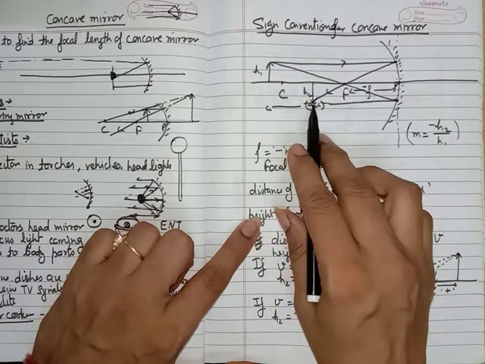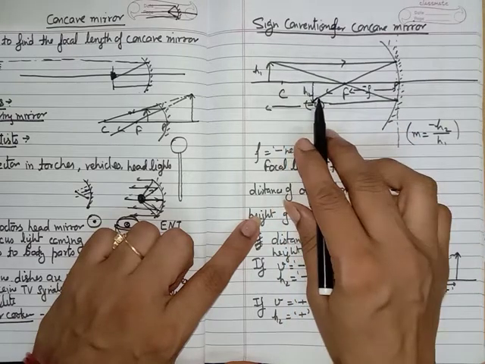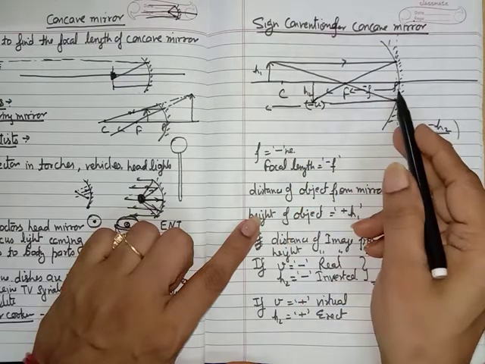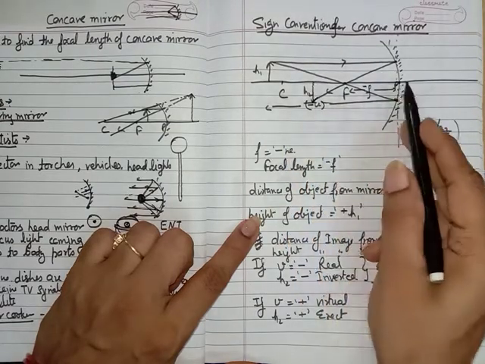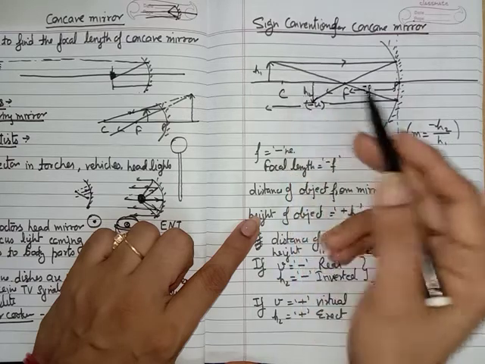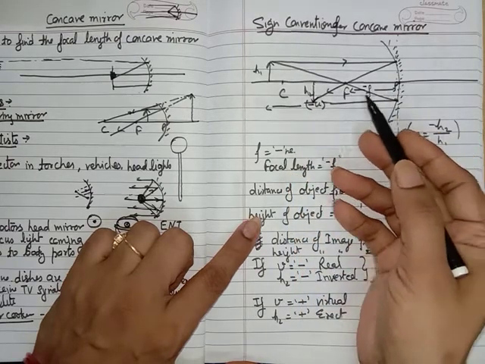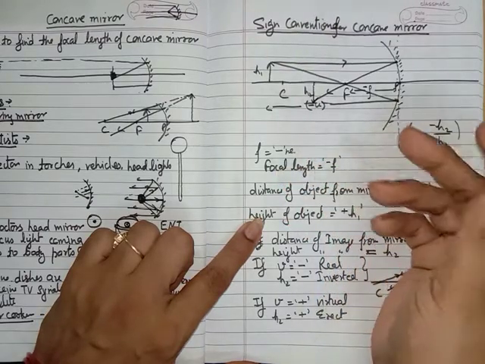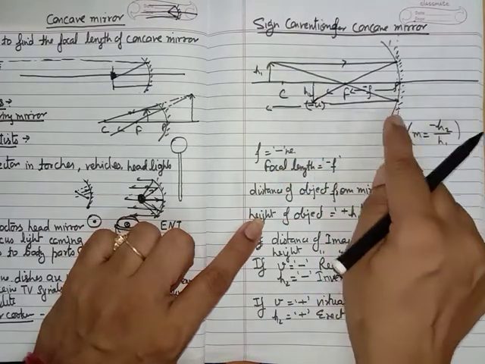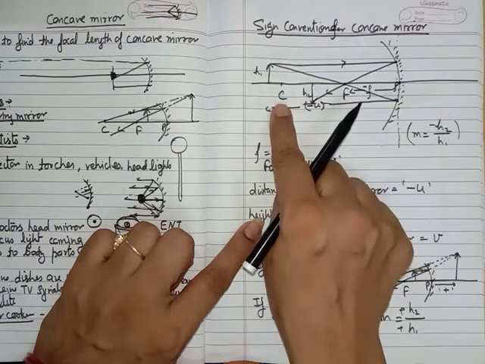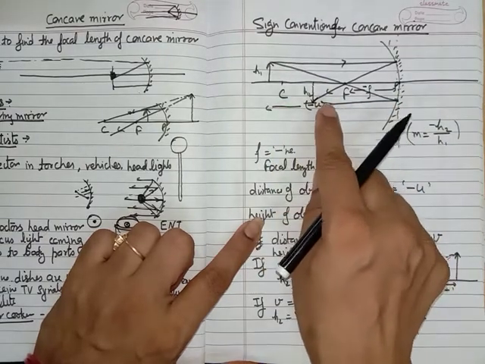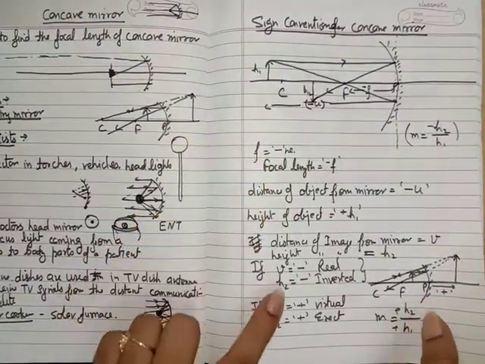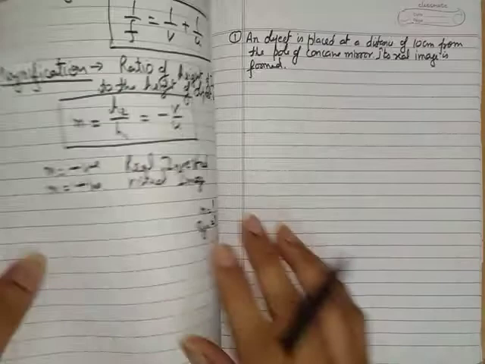Now if the real image is formed, the value of v should be negative, because we are measuring the distance of the image from the mirror in this direction, and the values measured in this direction are represented by the minus sign. So real image means v should be negative.